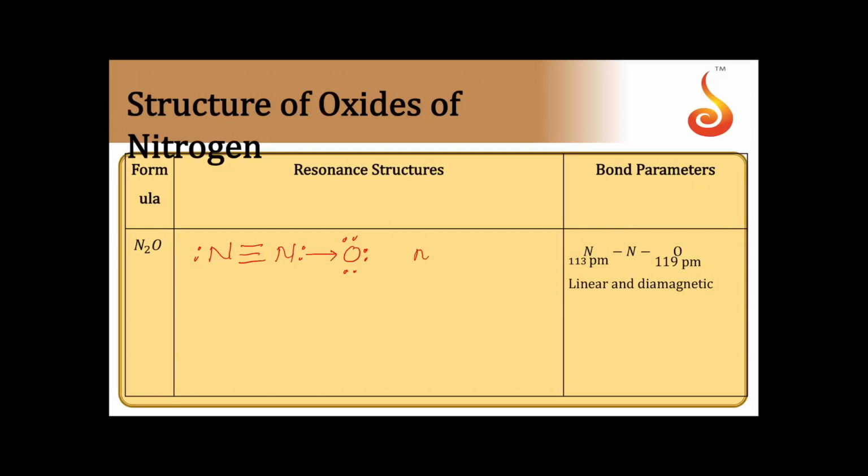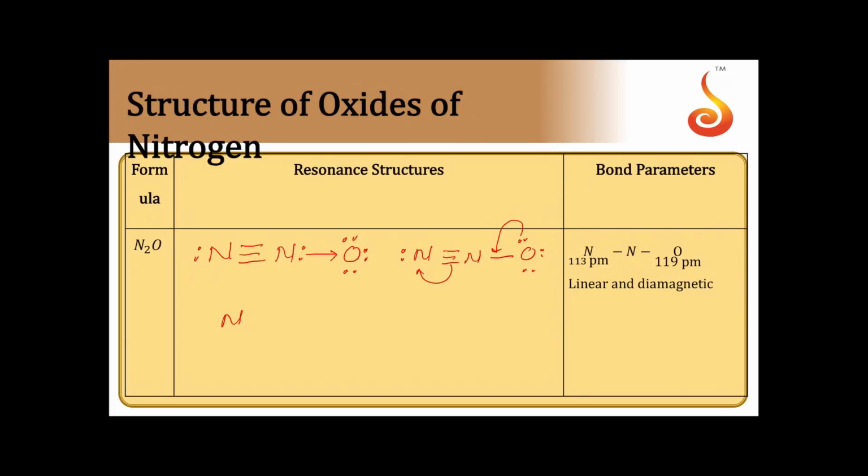Means nitrogen, triple bond, nitrogen. We have a coordinate covalent bond towards oxygen, having 3 pairs on oxygen, and a lone pair on nitrogen. This is the structure of the N2O molecule. When you are drawing the resonance structure of N2O, shift this pair of electrons between these two atoms and then shift this one to this nitrogen atom.